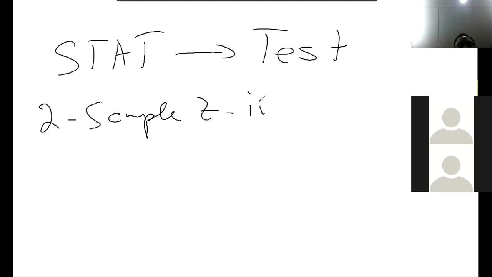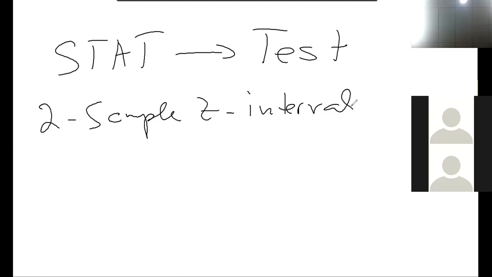Can somebody tell us why we are using the Z distribution instead of the T here? Anybody know why we are using Z instead of T? Yes, because we know sigma. We are going to need this all through, and we will come back to it in chapter 8.